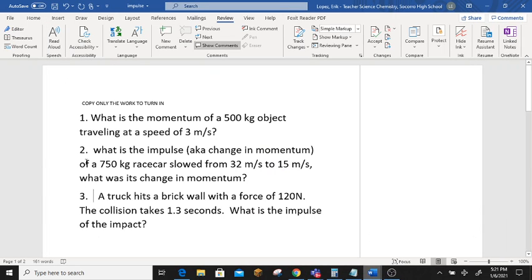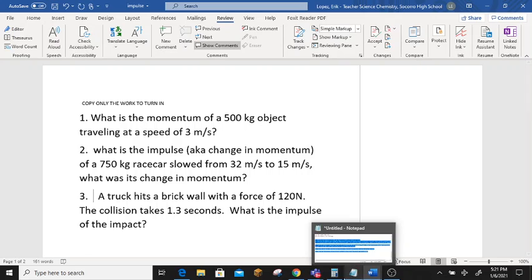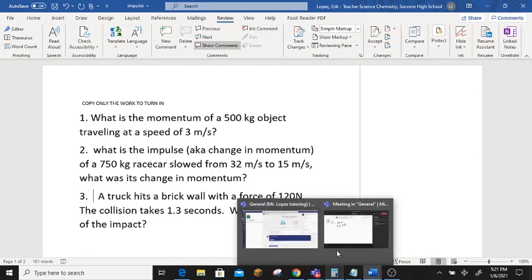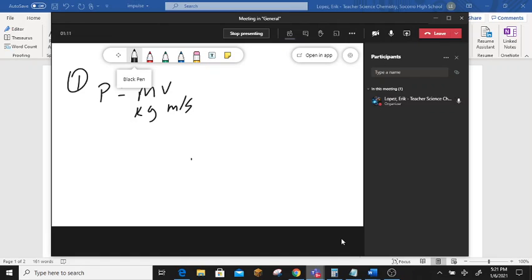And if we look at the second problem, it says what is the impulse or the change in momentum of a 750 kilogram race car slowed from 32 meters per second to 15 meters per second? What is its change in momentum? So in this formula, we're going to call this change in momentum.